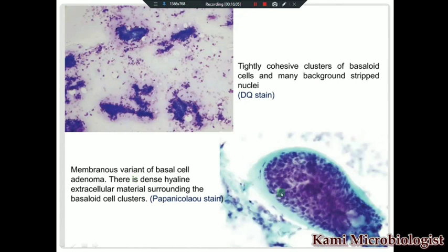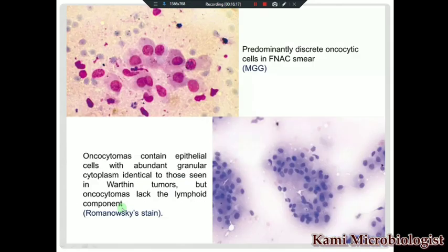The next portion shows the membranous variant of basal cell adenoma. There is dense hyaline extracellular material surrounding the basaloid cell cluster. This is the next picture, showing predominantly discrete oncocytic cells in the fine needle aspiration smear.